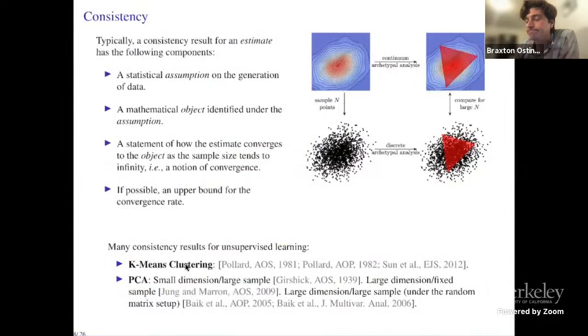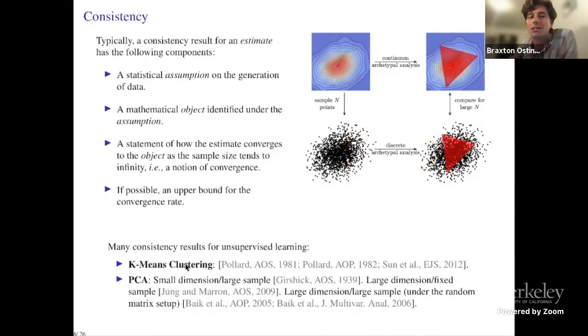Okay, so I can think about the other states in relationship to these extreme ones. The first thing I want to talk about in terms of archetypal analysis is a consistency result. This has been discussed at this conference already, so maybe I don't have to go into too much detail. Everything I've described so far is what I think of as discrete archetypal analysis.